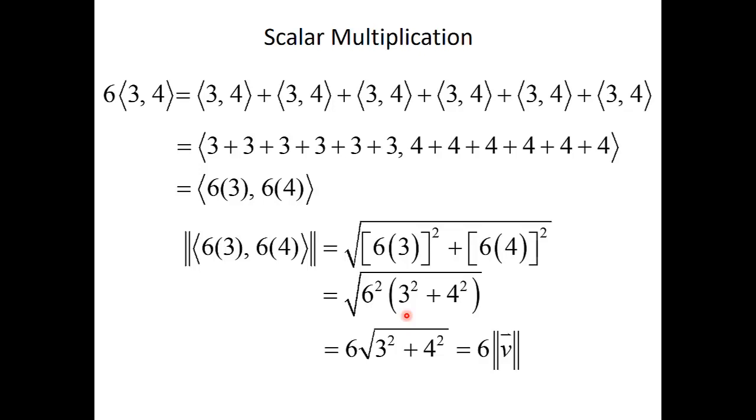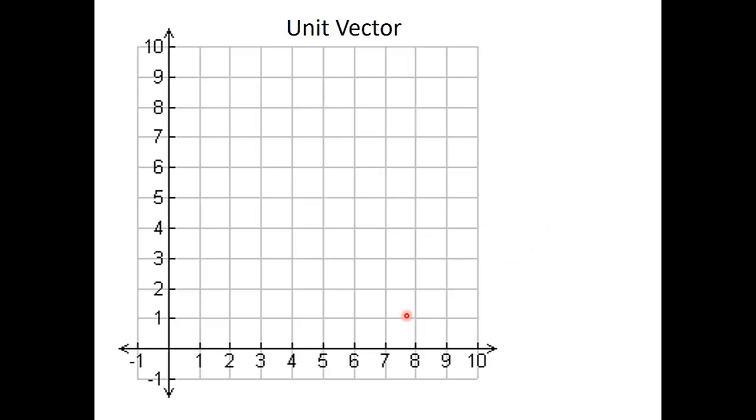Now that leads us to an observation here. What if we want to find a vector that has only a magnitude of 1? In other words, we want a unit vector. Well, we already know that if I multiply a vector by some scalar, that scalar acts as a multiplier for the magnitude. So let's look at a unit vector.